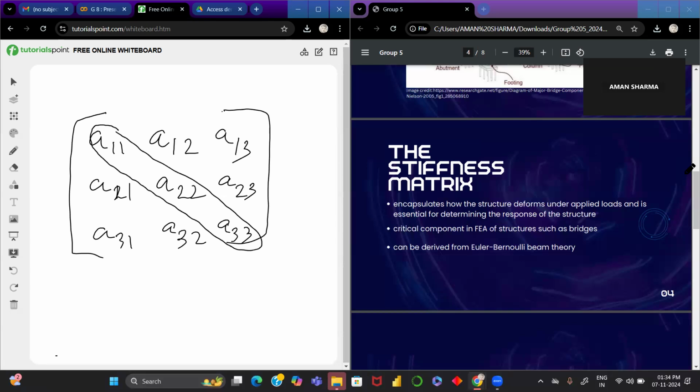All the non-diagonal entries are the force that is to be given to node 1, which causes a unit displacement in node 2, and similarly for all other components.